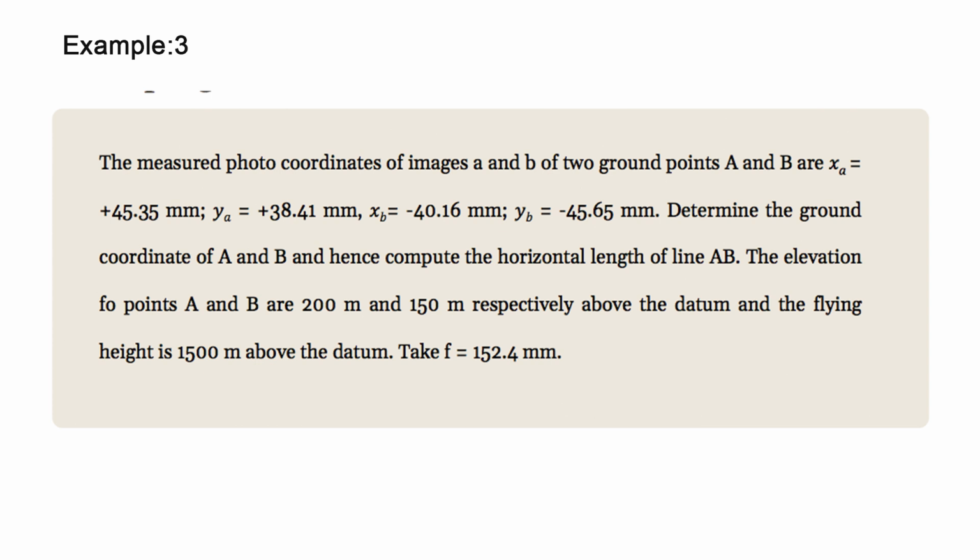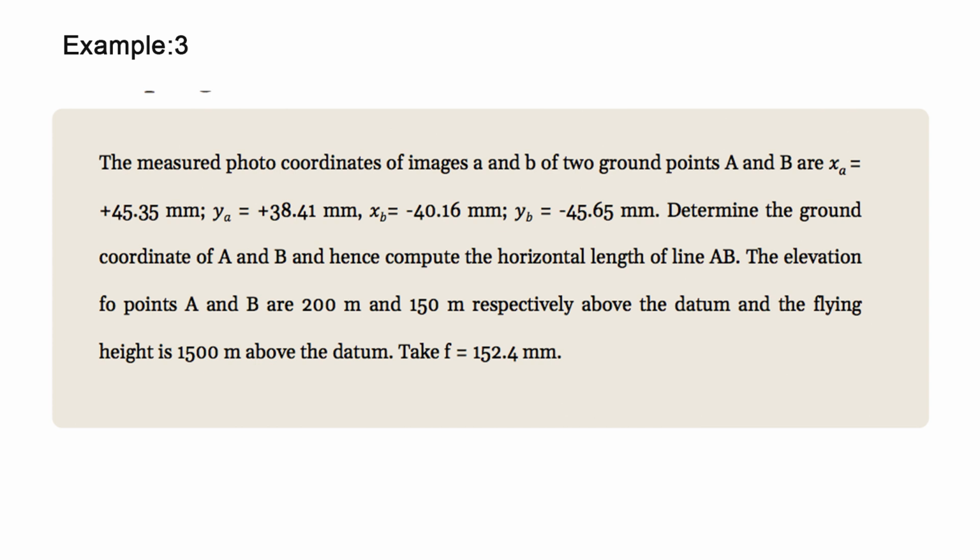Example: the measured photo coordinates of image a and b of two ground points capital A and capital B are xa is equal to plus 45.35 mm, ya is equal to plus 38.41 mm, xb is equal to minus 40.16 mm and yb is equal to minus 45.65 mm.